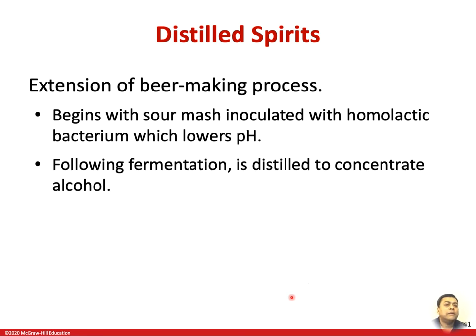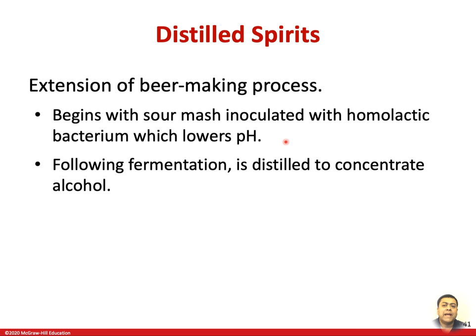On the other hand, distilled spirit is basically an extension of the beer making process, but it starts with something called a sour mash, and this sour mash is inoculated with homolactic bacteria, which lowers the pH.